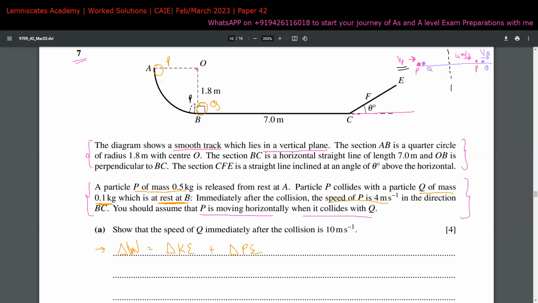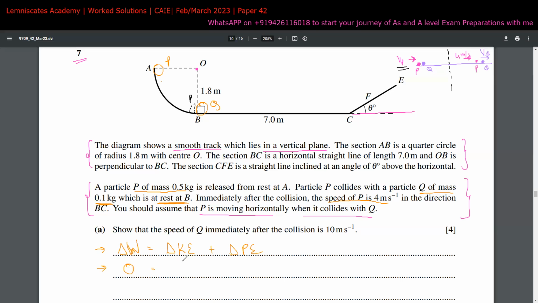Over here, I explained why the delta W value is zero, because there is no external force which is driving it ahead. It's because of gravity that it's falling downwards. And again there's no resistive force, so there is no work done because of friction or anything like that. So the change in work done is basically zero.